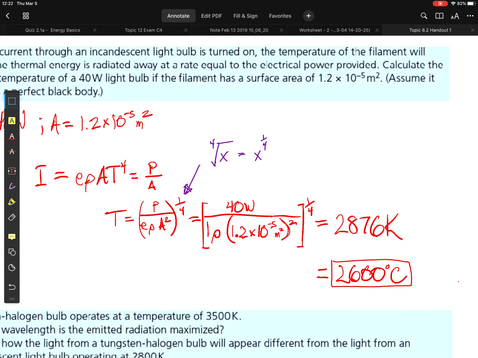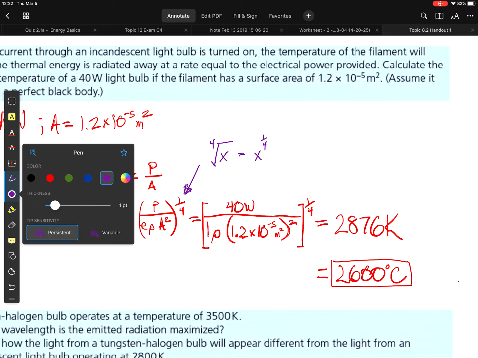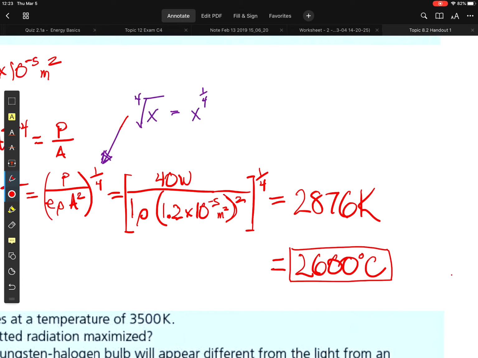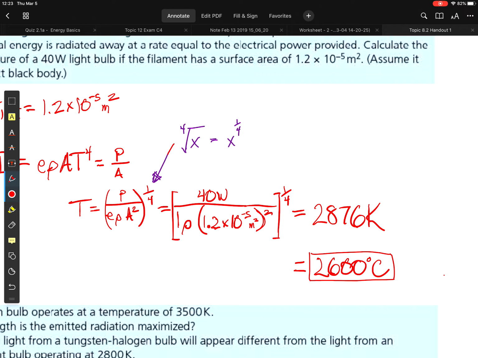That is not an LED bulb, and it is not a compact fluorescent bulb, but an incandescent bulb. They're not terribly energy efficient, and it's largely because they need to be very, very hot in order to get a temperature close to the visible wavelength of light.